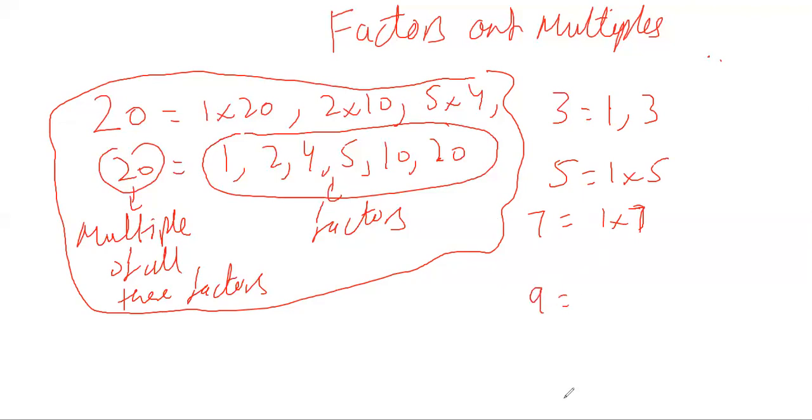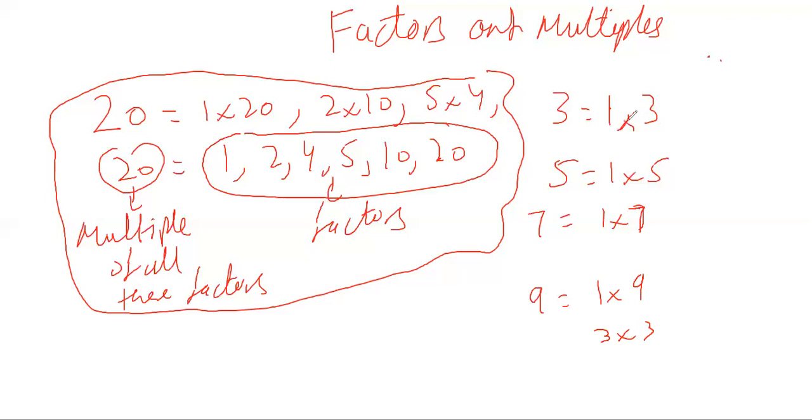Tell me the factors of 9. Okay, very good. 1 into 9 and yes, very good. So it can be 1 into 9 or 3 into 3.